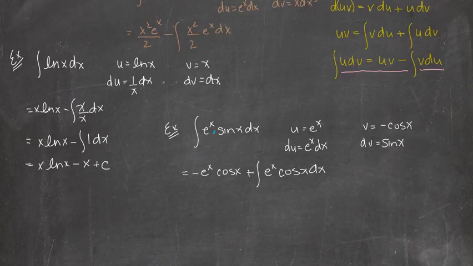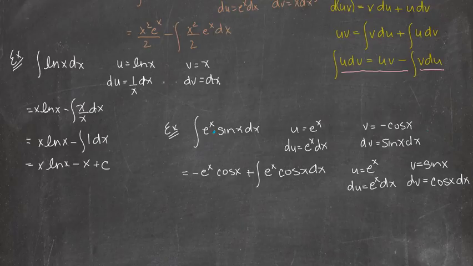When that happens, it's actually kind of good news because it tells you you're on the right track. All you have to do is integrate by parts one more time. So again, we're going to take u and let that equal e to the x, and then dv this time is going to be cos x dx. Now differentiate u to get du, e to the x dx, and integrate dv to get v equals positive sine x.